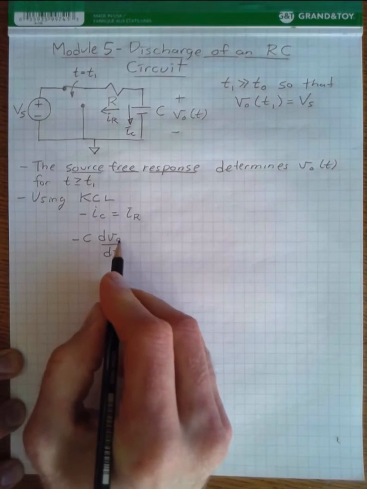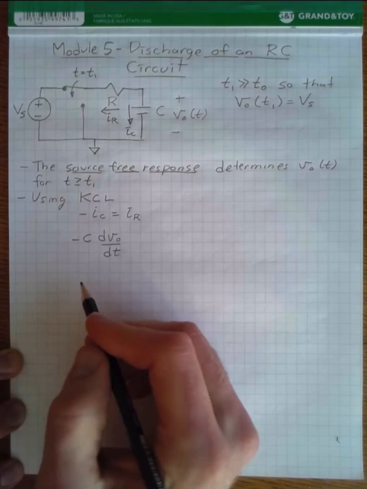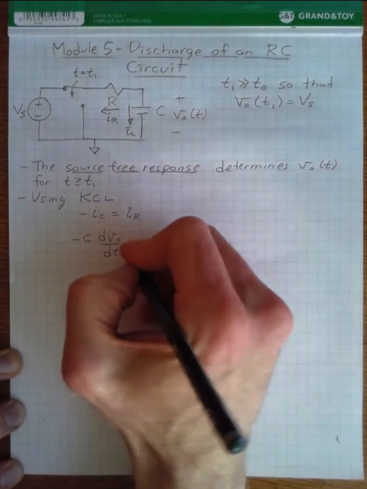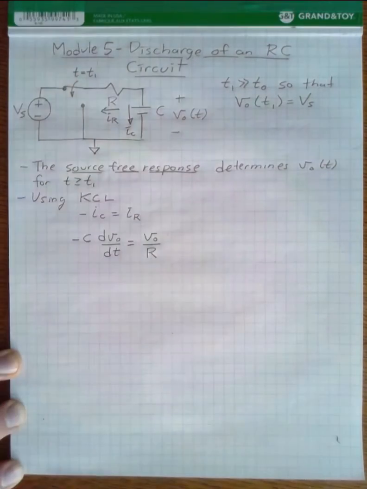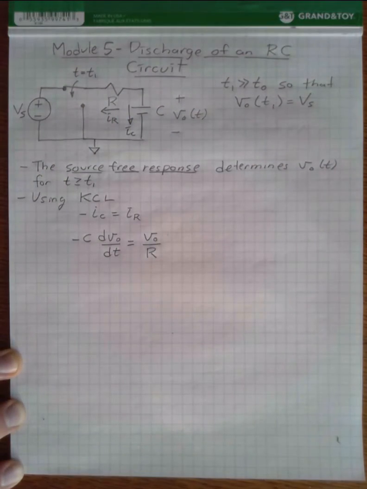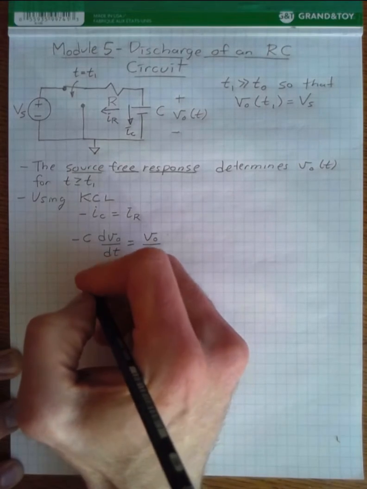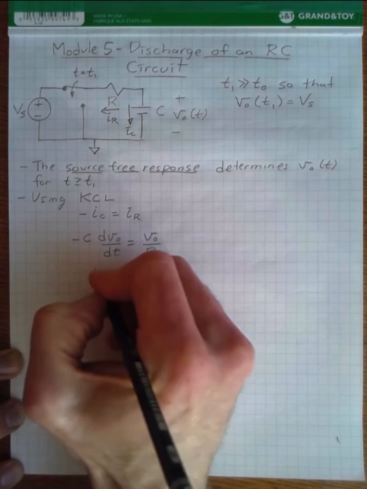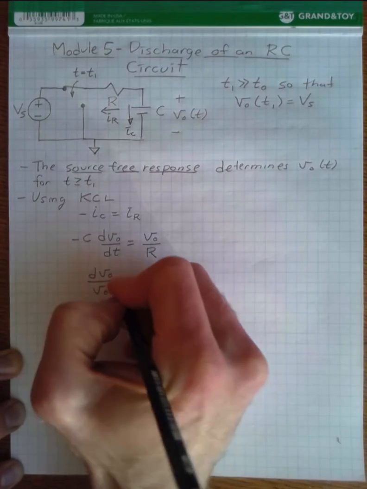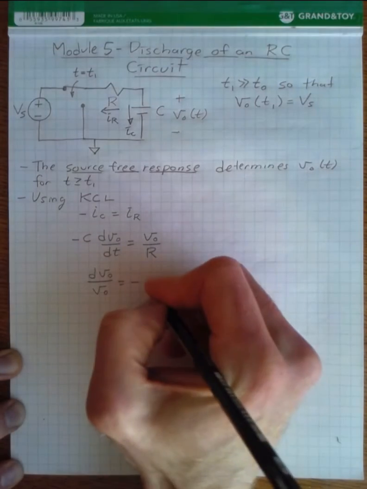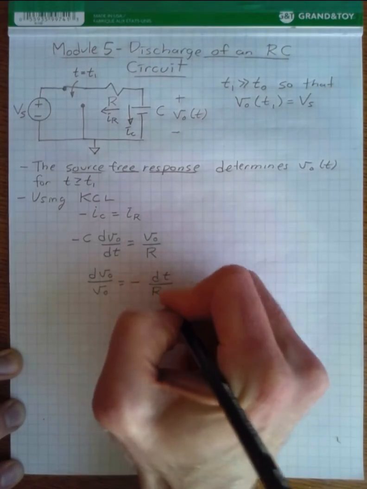For now, I'm going to drop the notation where I'm showing V0 as a function of time, just to simplify our notation a little bit. And then I'm going to move terms around a little. And we're going to have dV0 over V0 is equal to negative dt over RC.